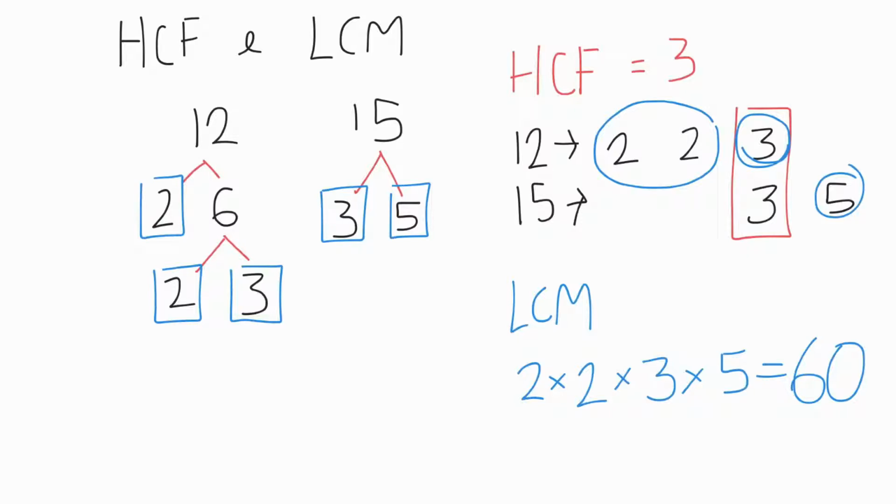So let's do the highest common factor and lowest common multiple of 60 and 72. So 60 can be divided by 2. That'll be 2 and 30. 30 can be divided by 3, and that will give us 10.